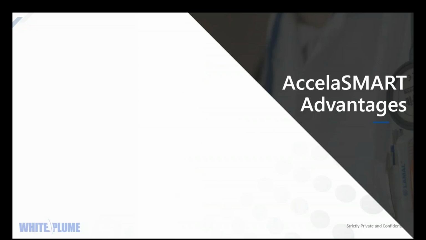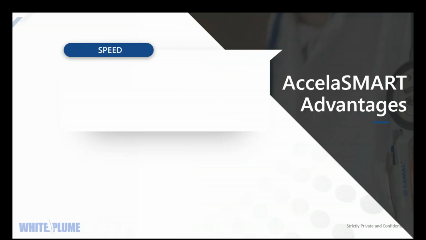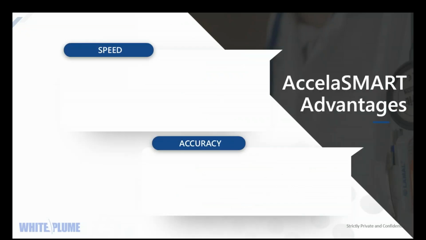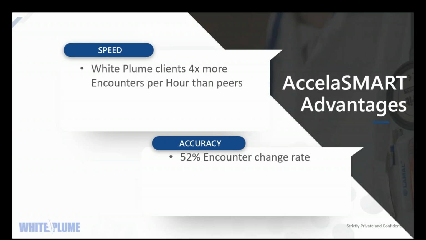And AccelaSMART is designed to help your practice with those, right? The two things that most people are looking for with AccelaSMART are revenue cycle speed and revenue cycle accuracy, right? And through the analytics, we're able to benchmark that and see what that can do for most practices. White Plume clients are on average 4 times more productive than practices that don't have White Plume.